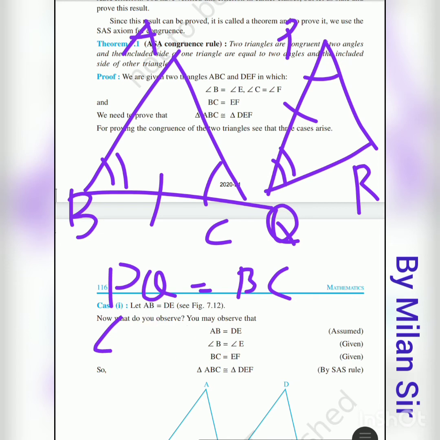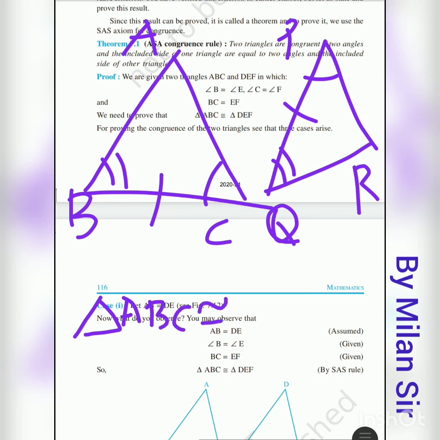first of all we need to write the name of any one triangle. Okay, so triangle ABC, now we need to put the congruent sign. After that, we need to set up the second triangle. Here B is in the middle position and we know that angle B is equal to angle Q, so in place of B we need to write Q in the middle position.